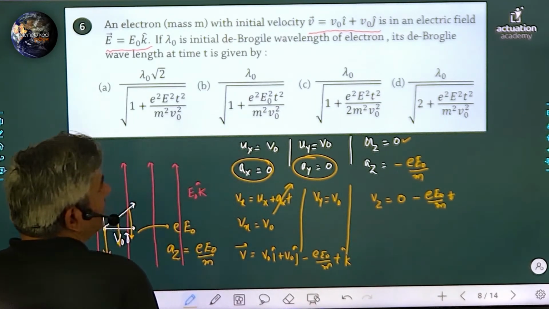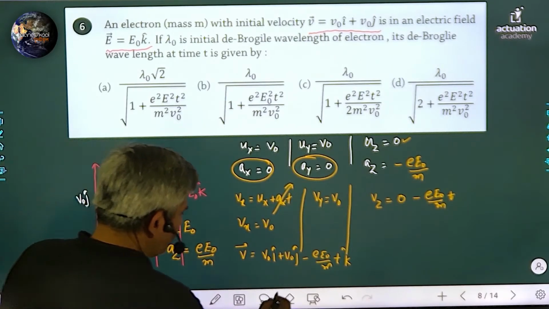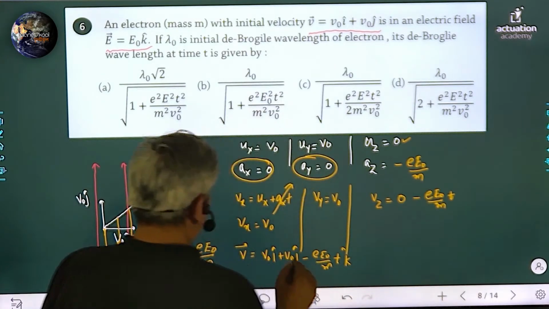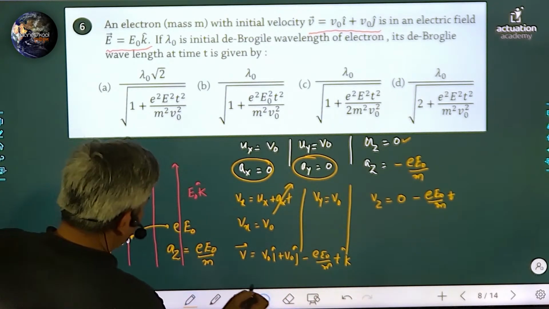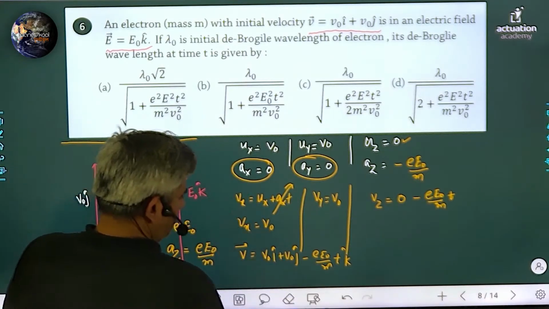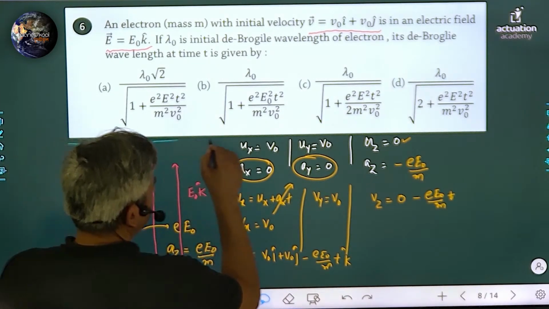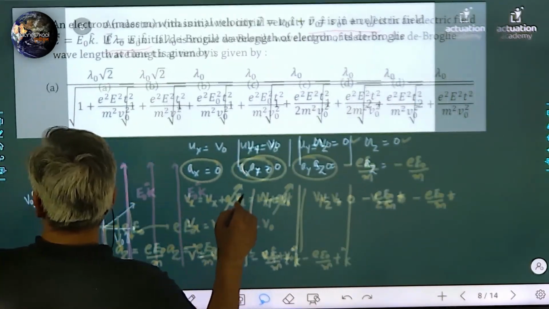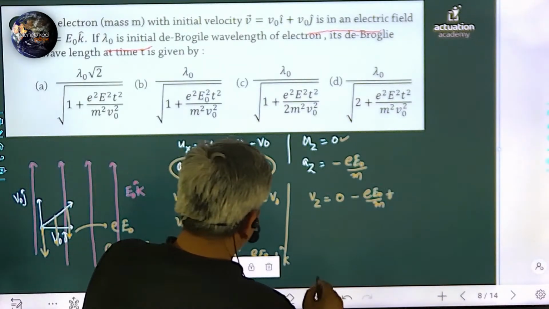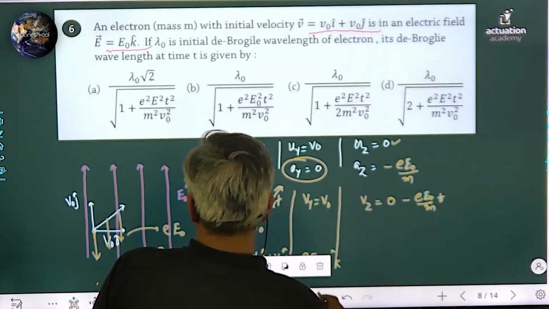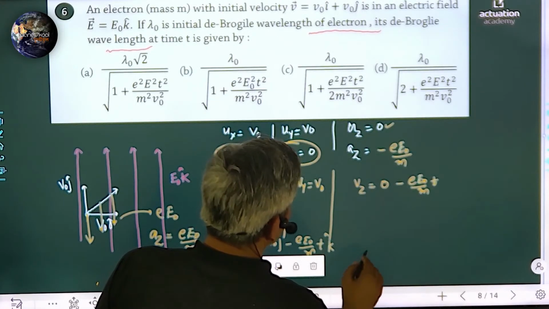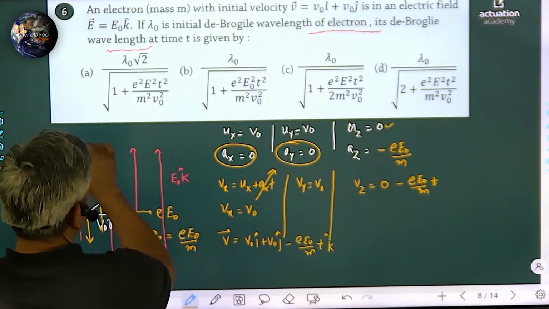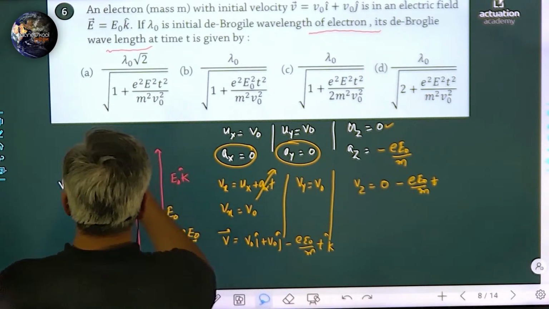Now the speed of the electron can be written as, okay, let me move this whole stuff here.